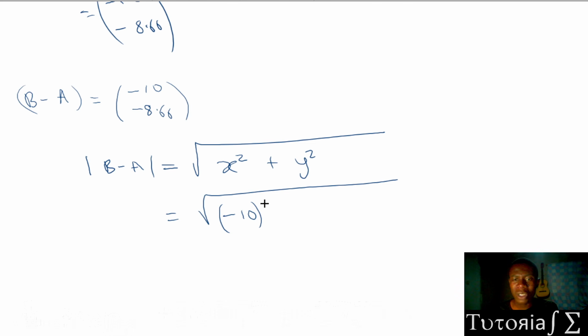On your calculator, you should be very careful and put that in parentheses. So negative 10 in brackets, then square, plus y, which is negative 8.66 in brackets, then square as well. Then you find the root of the answer, and that will be your magnitude.